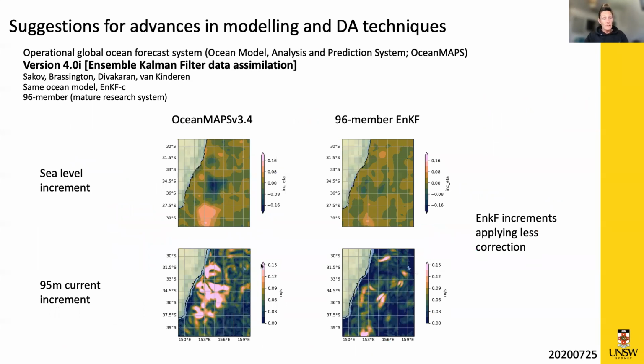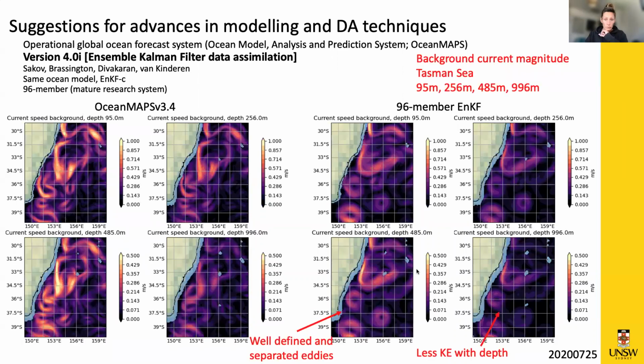These plots show the sea level increments for the most recent ENOI system and then the ENKF system, and the increments are considerably lower. Likewise, the ensemble Kalman filter is showing lower background current magnitudes across the Tasman Sea at various depths, with well-defined and separated eddies and less kinetic energy at depth.